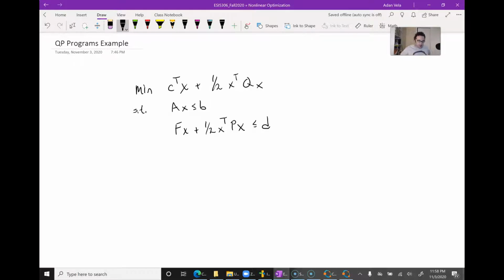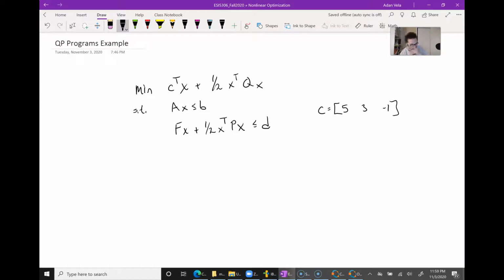Okay, so I'm just going to fill in a few values so that we can actually solve this problem. And we're going to, again, have some requirements on the convexity of our cost function and of our constraints. All right. So for c, I'm going to select the values 5, 3, and -1.